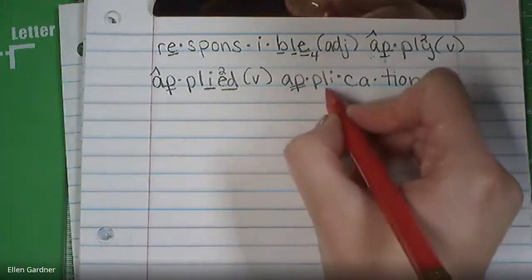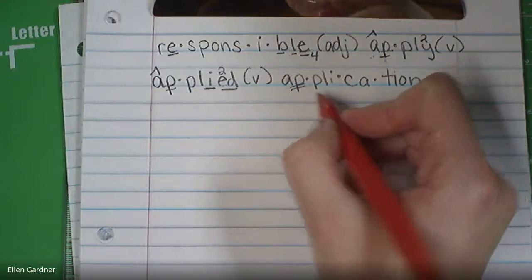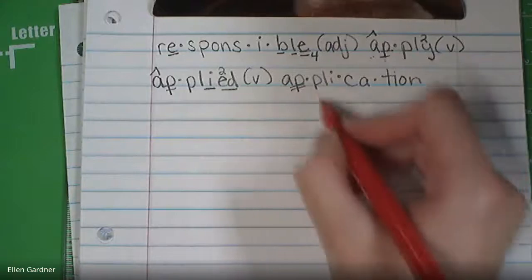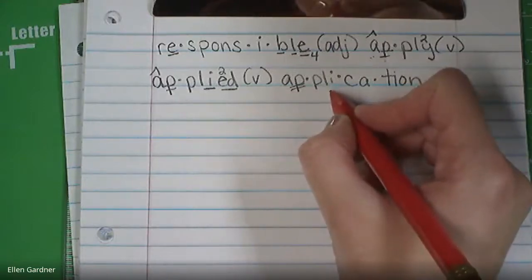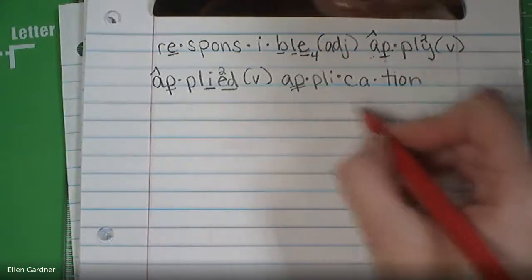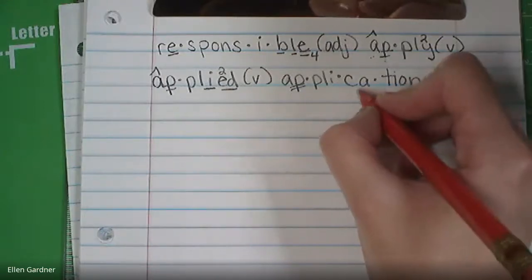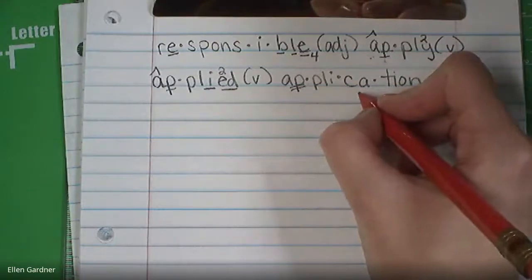And that's because this is now an unstressed syllable. Instead of applied, it's application. So this is now the one that's unstressed. Application. How do we mark this syllable?